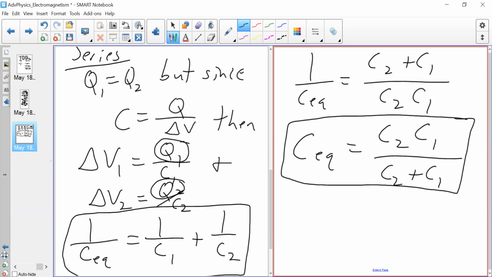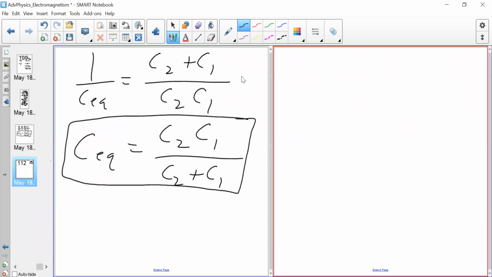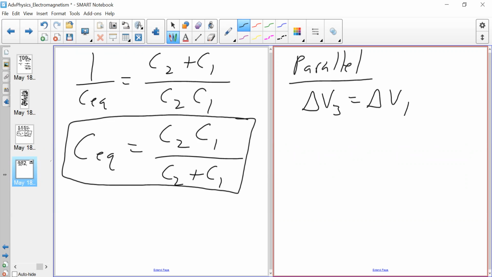Now, for the parallel case, parallel capacitors, as I mentioned, C3 and C4 share the same voltage. So delta V3 equals delta V4. Are you seeing what I mean by that?